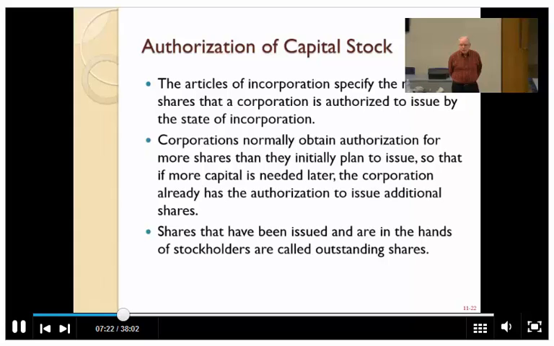And issued shares are shares that have been sold to the public. Outstanding shares are shares that are still in the hands of the public. The difference is treasury stock. And before we finish tonight, I'll tell you what treasury stock is.